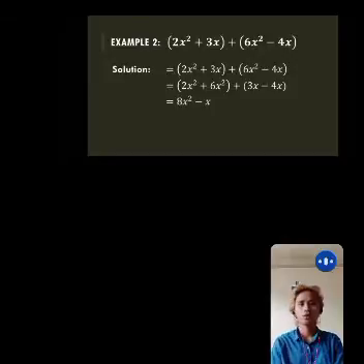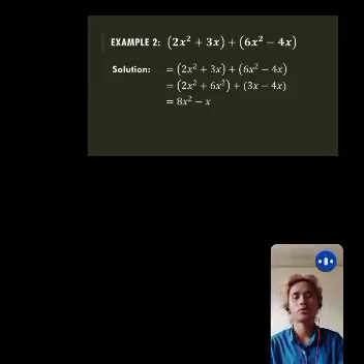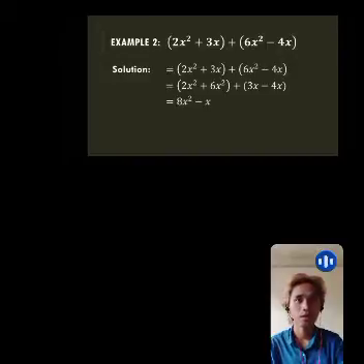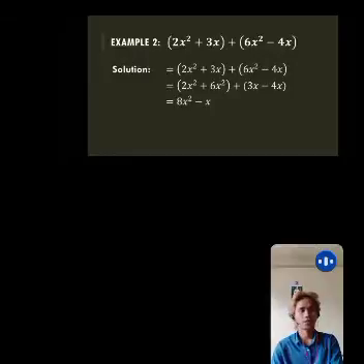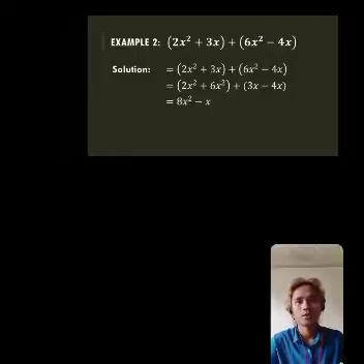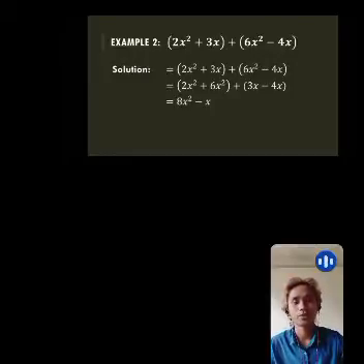Okay. So now for example 2, which is a bit longer. Now we have 2x squared plus 3x plus 6x squared minus 4x. Now, you just combine like terms as said in the earlier slides. You need to combine 2x squared with 6x squared, and that would be 8x squared.